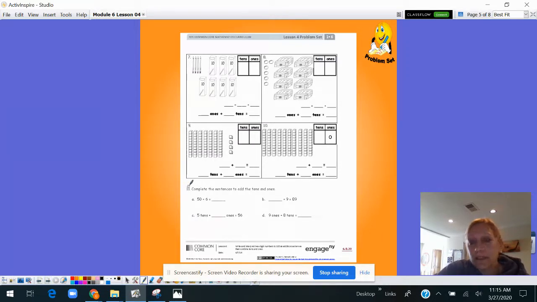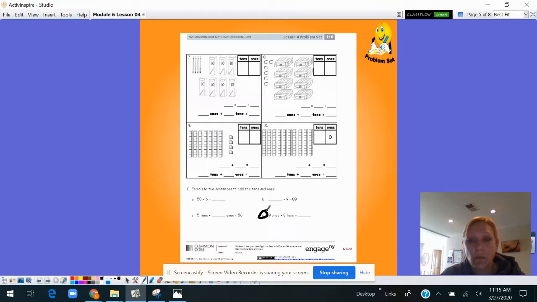On number 11, it's a little bit different, but it's just in a number sentence. I know that you guys will be able to do this because it's the same thing. Complete the sentence to add the tens and the ones. I just want you guys to look right here because this one, they're going to try to trick you. They're trying to trick you because it says 9 ones plus 8 tens.